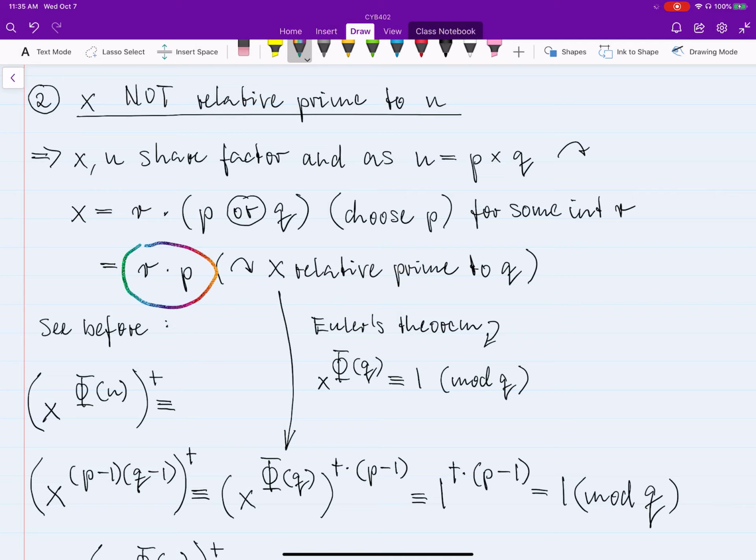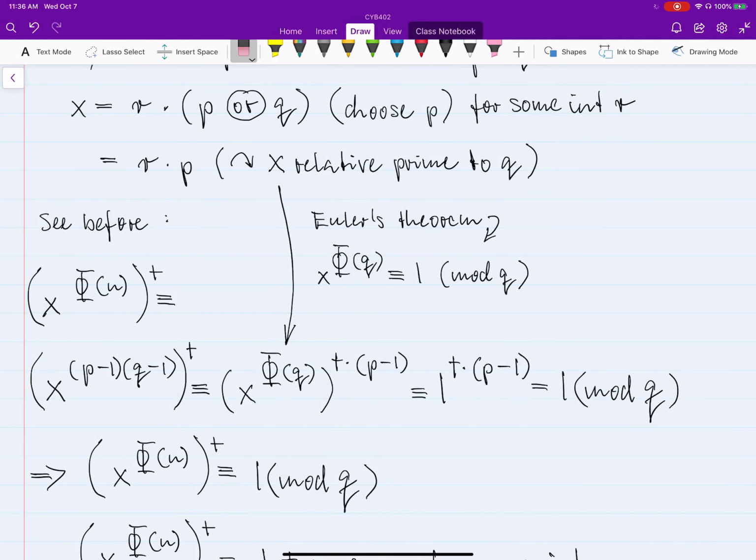Of course, because they do not share a factor other than 1. Which means that Euler's theorem is not applicable to x and n, but it's applicable to x and q. So in an integer ring q, Euler's theorem holds in this way. x to the power of phi of q is congruent 1 modulo q. So let's keep that intermediate result.